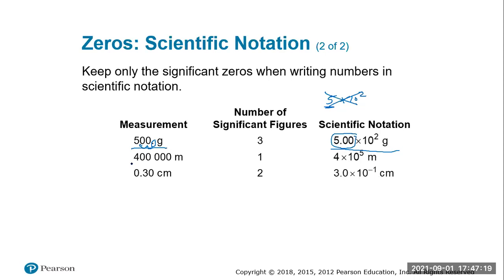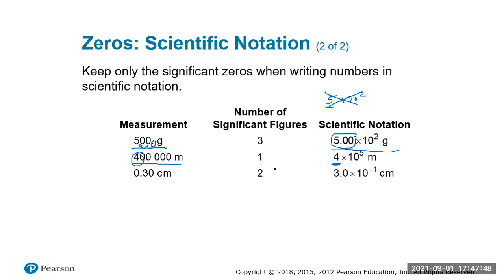And that's what we see when we look at this number. Again, all those zeros at the end are not significant. The only significant number there is the 4, which means when we turn it into scientific notation, that is why we dropped all those zeros. Because if I kept all those zeros, I now would have too many significant figures. So you never should add more significant figures or lose significant figures as you go from a regular number to scientific notation and back and forth.